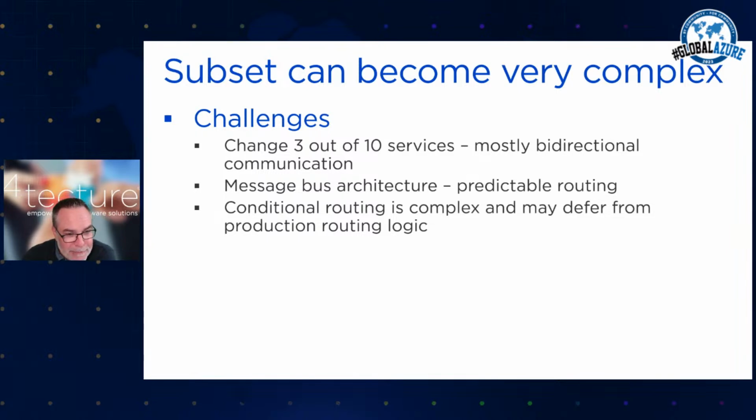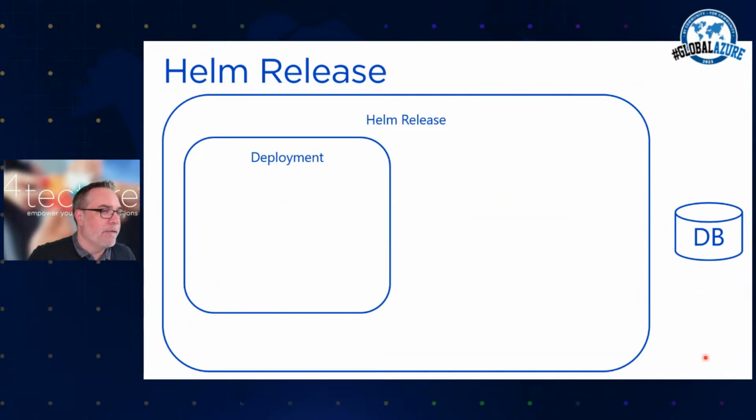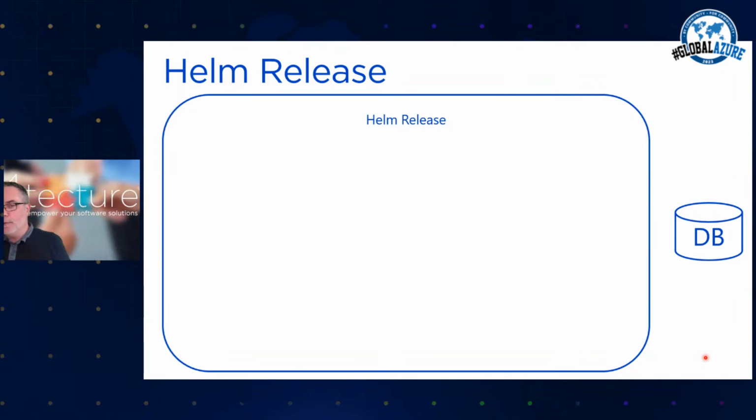What else? One approach, just quickly to remember or to tease you a little bit: if you do a Helm deployment within Kubernetes, you package everything as a Helm chart and use init containers and deployment containers.